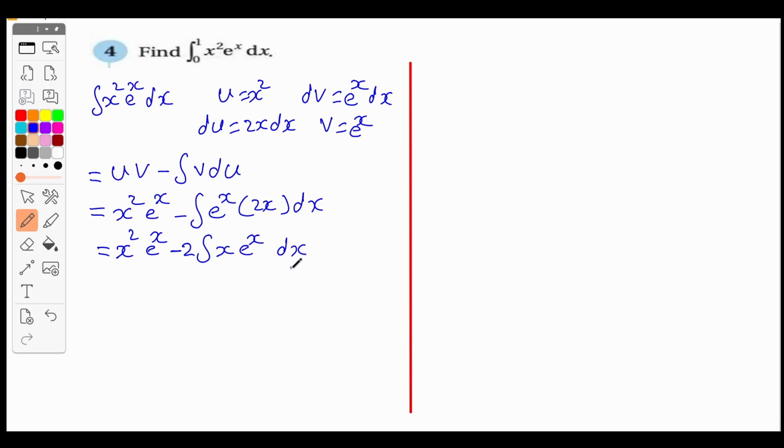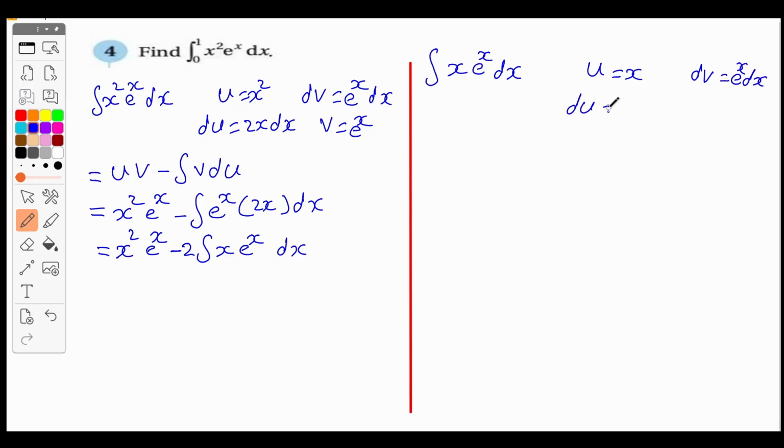So we can take this 2 outside, and we need to integrate the integral of x e to the x dx. Okay, here u equals x, dv equals e to the x dx.